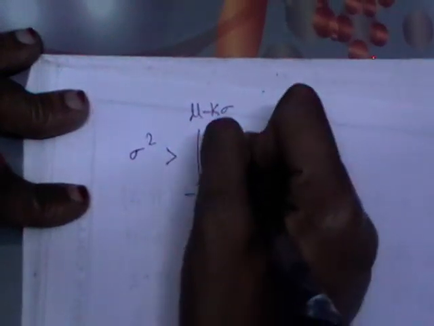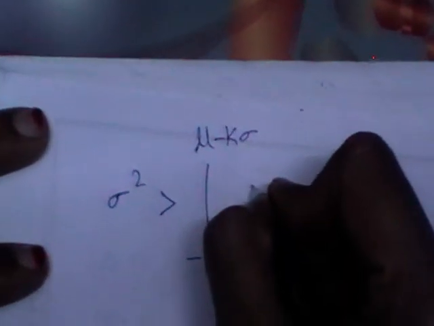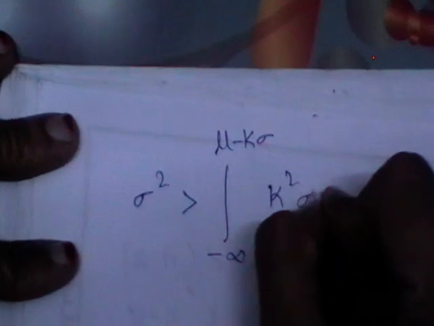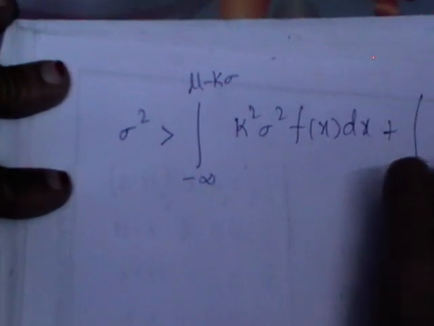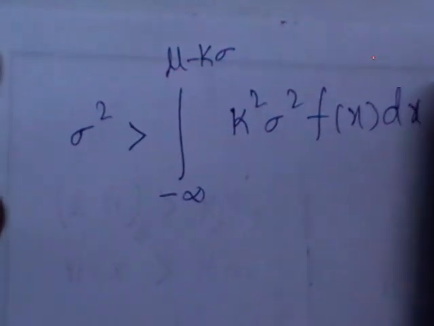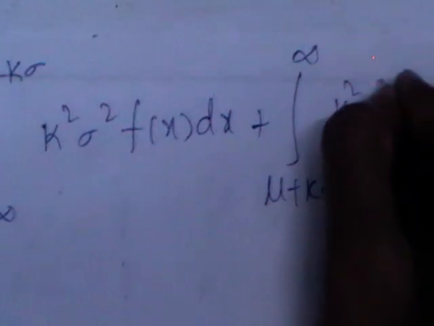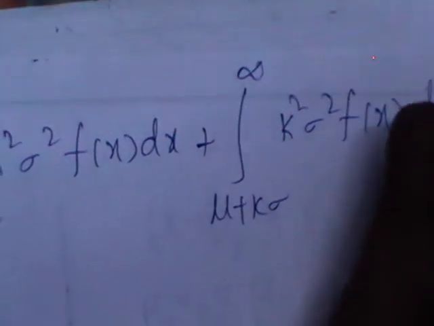So we can write sigma square greater than, with the same limits, minus infinity to mu minus k sigma, x minus mu whole square f of x dx, greater than k square sigma square f of x dx, plus the integral from mu plus k sigma to infinity, again with k square sigma square f of x dx.